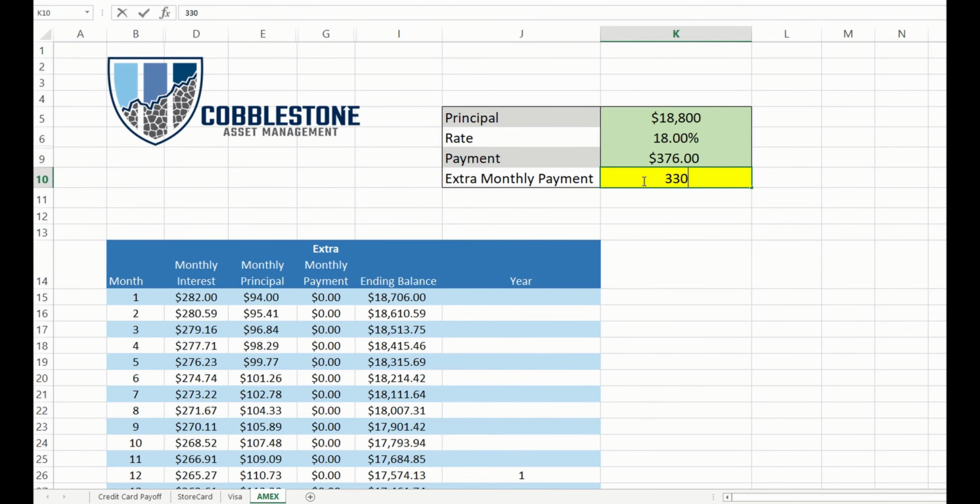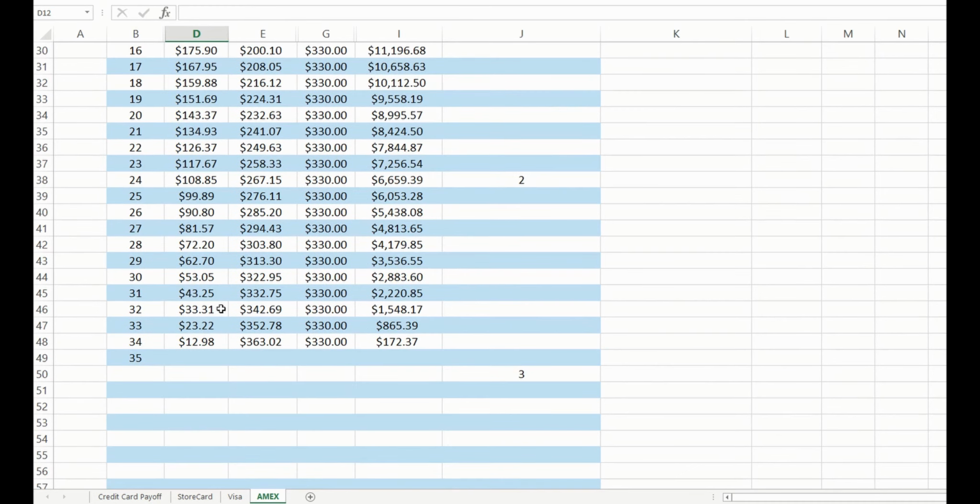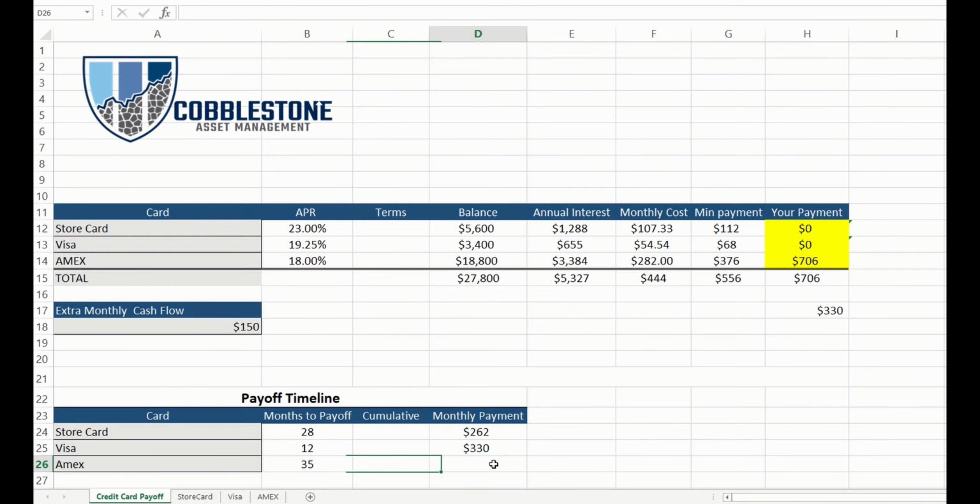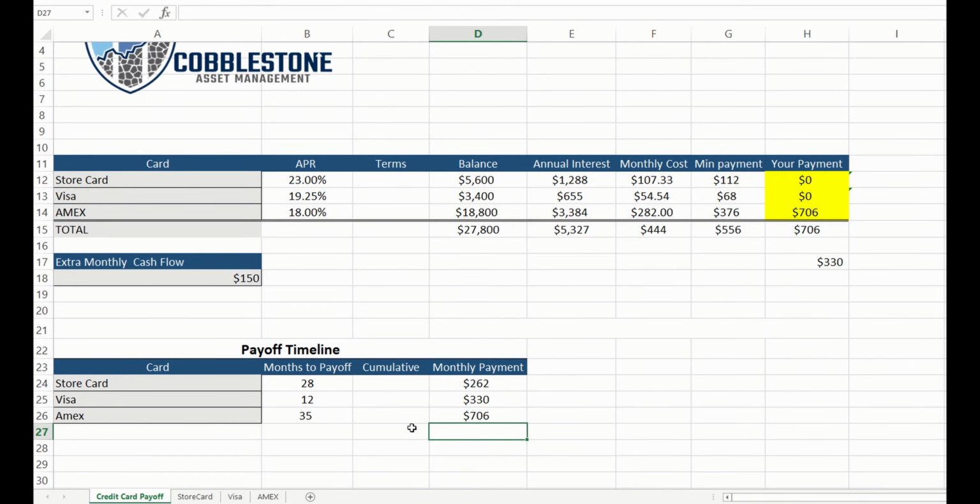We take that $330 and we direct that towards the Amex. The balance is now paid off in 35 months, just under 3 years of targeting that card. And our monthly payment at that time is $706. So by following this strategy, we are minimizing the amount of interest you pay out over time, and we're maximizing the amount of money that will go towards reducing these principal balances.